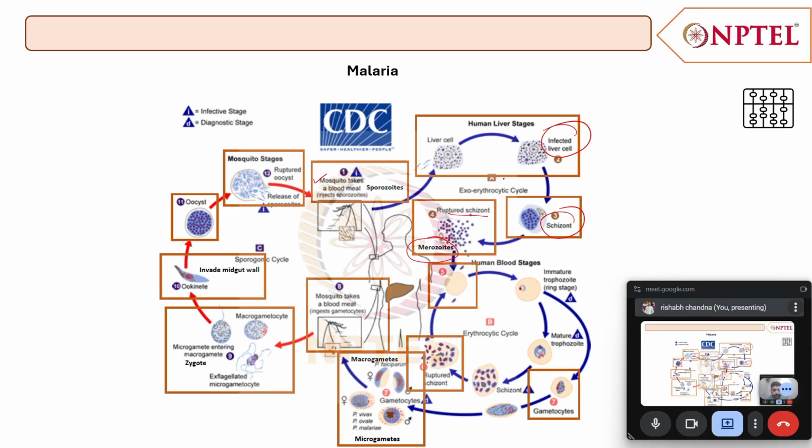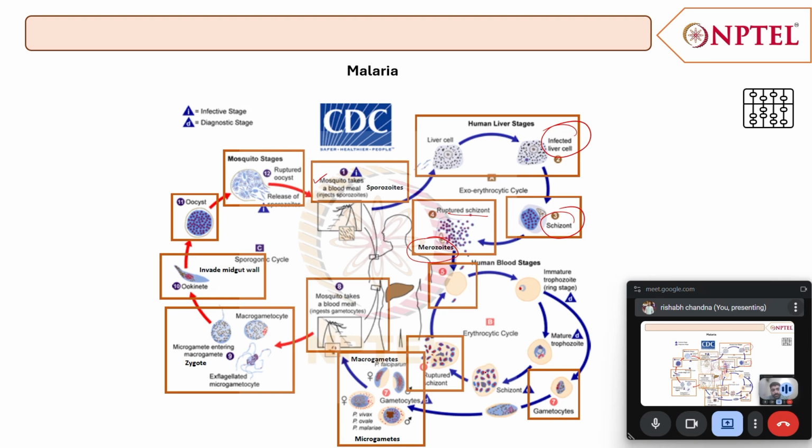This is the exoerythrocytic cycle, in which it goes into the infected liver cell, followed by its production as merozoites. Now we have the blood stages in humans. These merozoites now infect the RBCs. This is called the erythrocytic cycle. In the RBCs, it includes the immature trophozoite, that is the ring stage. After the mature trophozoite, it goes into gametocytes, that is male and female.